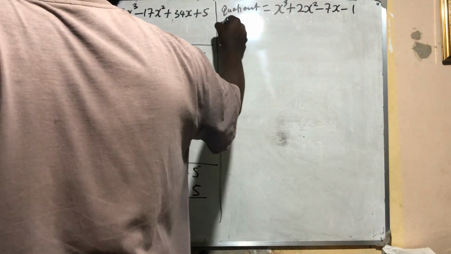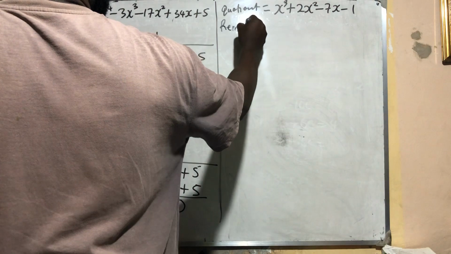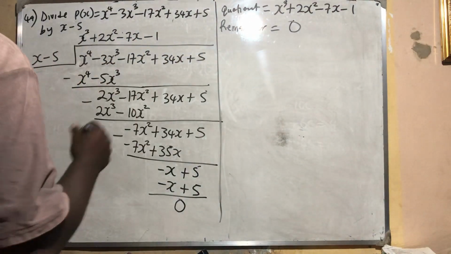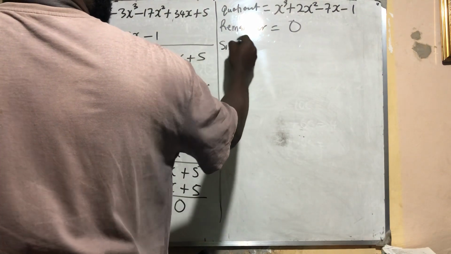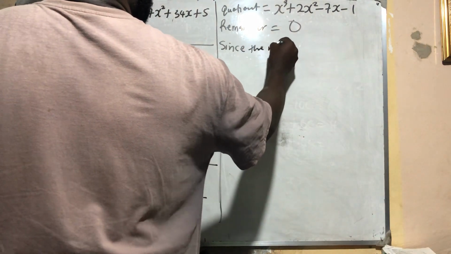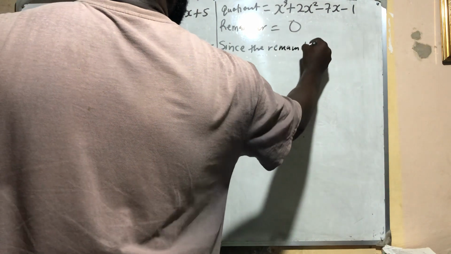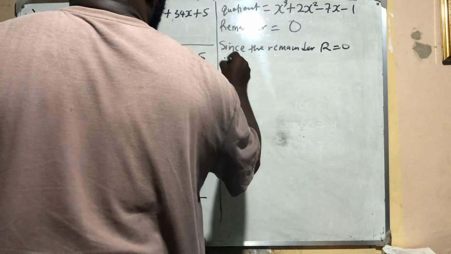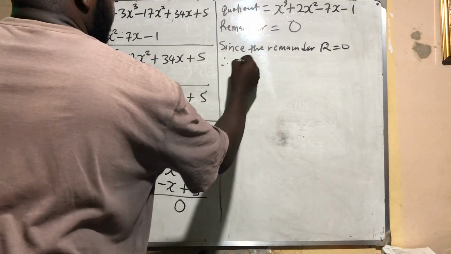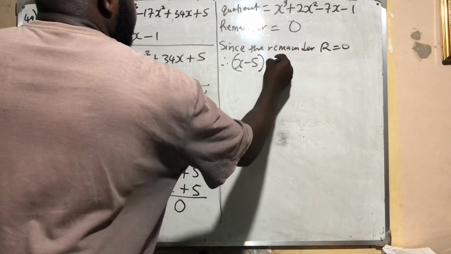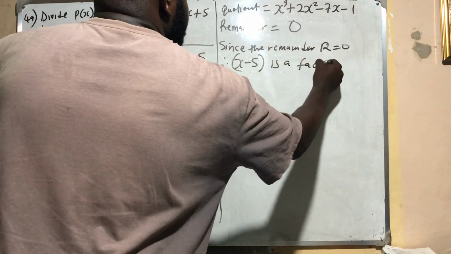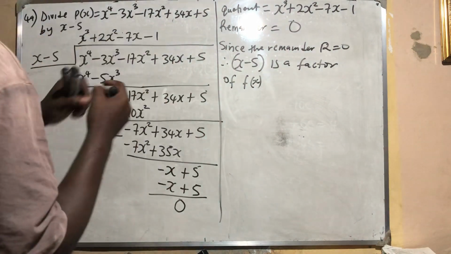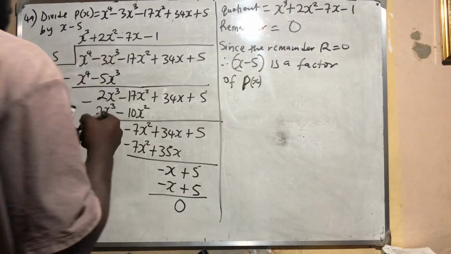Okay? And then you tell them your remainder. Your remainder is equal to the last thing here, which is 0. You can tell them, it will fetch you a mark. Tell them, since the remainder R is equal to 0, therefore, this person dividing, x minus 5, is a factor of this p of x.